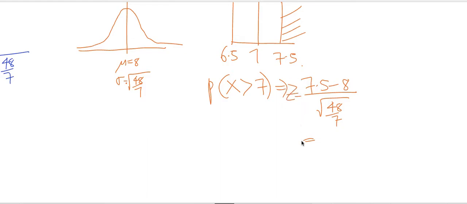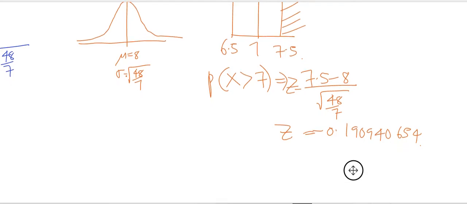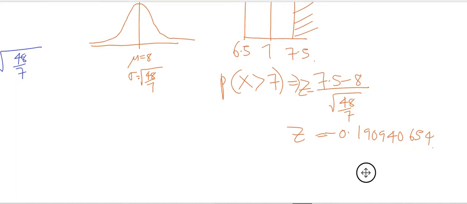The z-score that I have here is negative 0.19094064, and negative indicates the value on the left hand side of the mean.